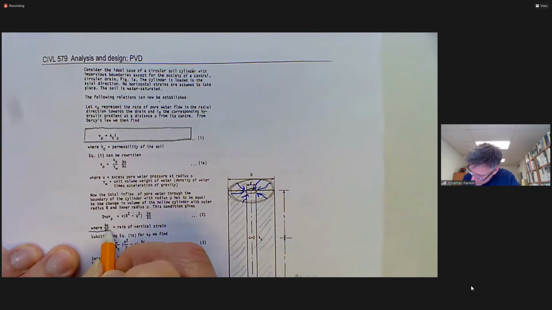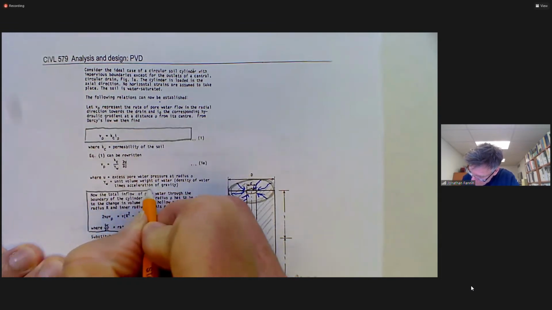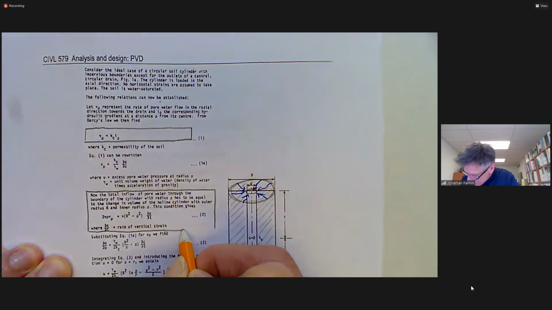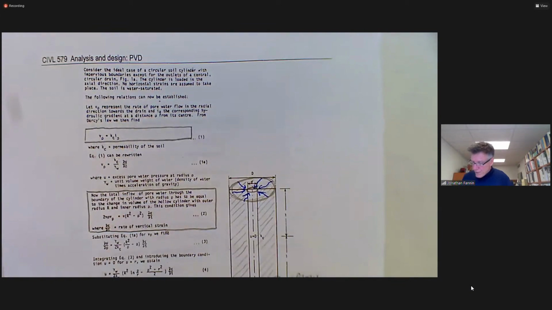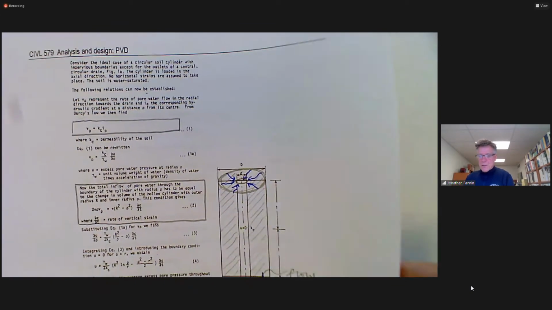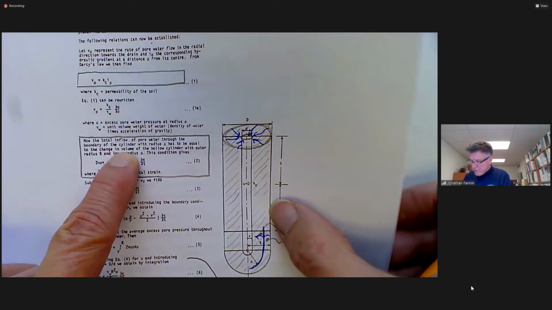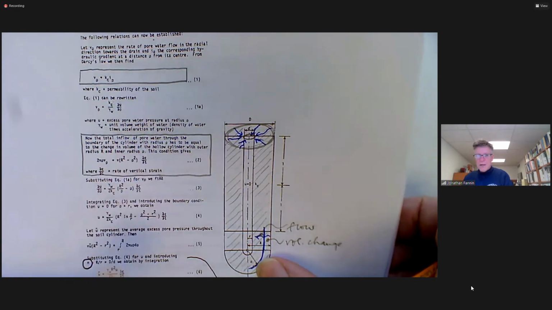Here's another assumption. Let's box that. Okay, that the inflow of pore water through the boundary, this is the boundary that I was speaking about here, is equal to the change in volume of the hollow cylinder that's outside it at some nominal radius. Okay, that's that bit.